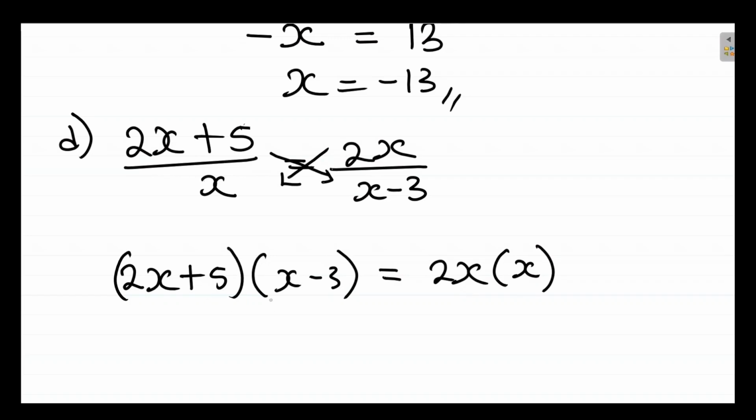So from here we can open up our bracket. So to open up the bracket, we multiply 2x by x and 2x by minus 3, and again we multiply 5 by x and 5 by minus 3.